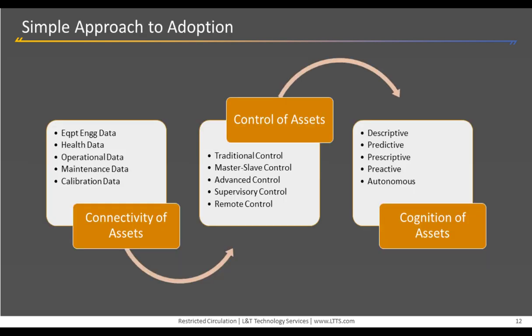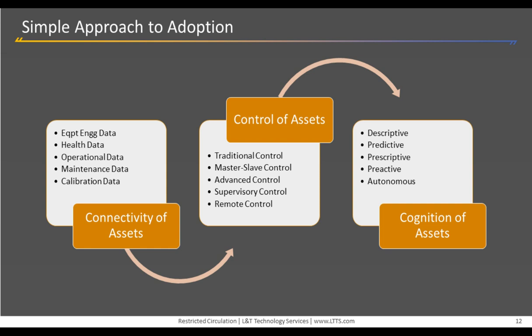But the simple way to adopt is that we look at connectivity. What we have seen in many of the customers, and we have worked with various OEM vendors as well, is that the three key pillars of a simple approach to adoption start with the connectivity of assets.